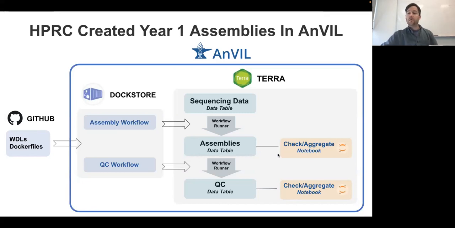And then, before we go any further, we maybe check the results with a Jupyter notebook. So we launch a Jupyter notebook, read in that data table that we wrote to, and then run through and make sure everything went okay. And in addition, we have a QC workflow, which is a WDL that calls a series of tools to make sure that N50 and high-level stats like that, phasing, Hamming errors or switch Hamming errors, QV, all work well.